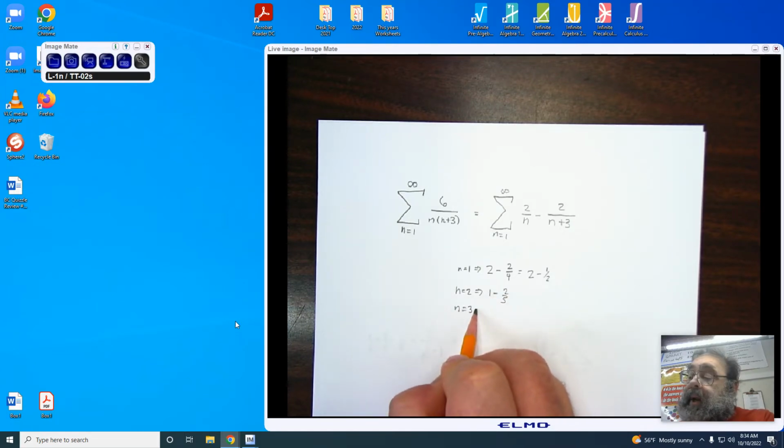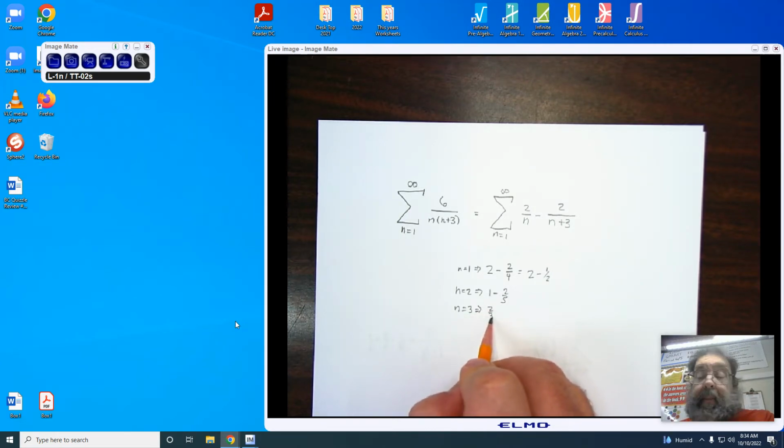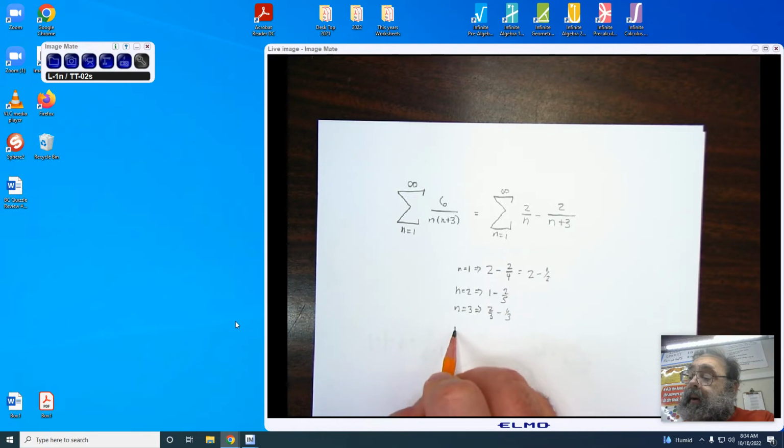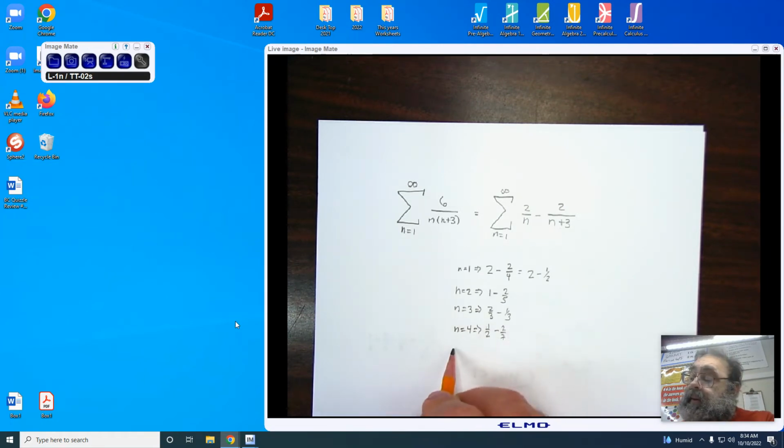If n equals 3, we're going to end up with 2/3 minus 1/3. n equals 4, you'll notice I'm just constructing my series, 1/2 minus 2/7. n equals 5, I end up with 2/5 minus 1/4. And I'm going to do one more just so that we can see it, 1/3 minus 2/9.